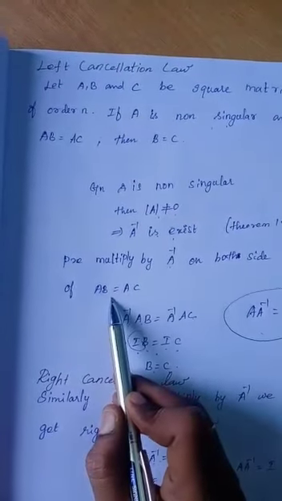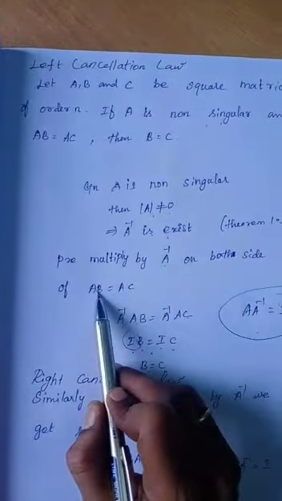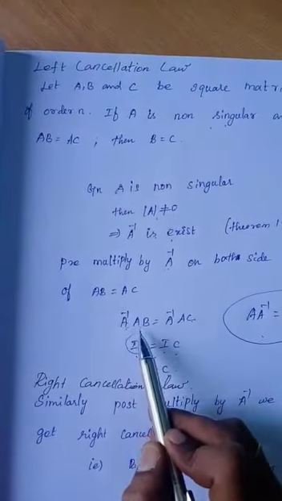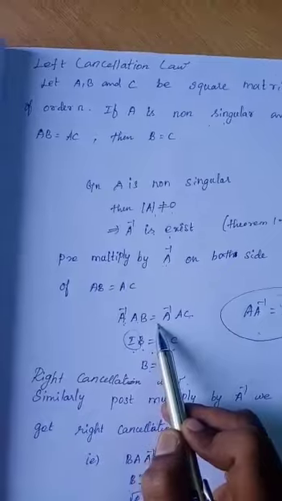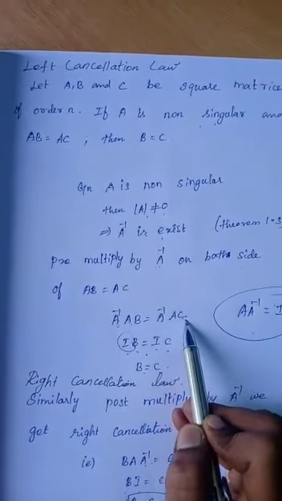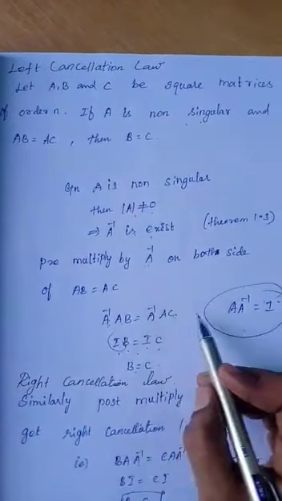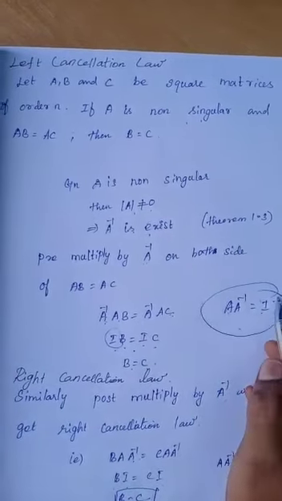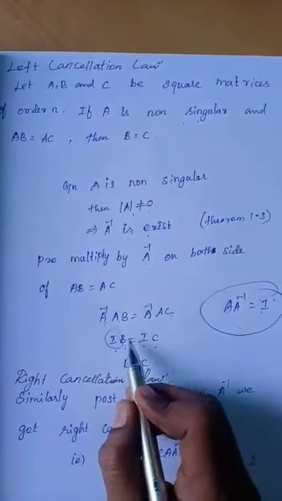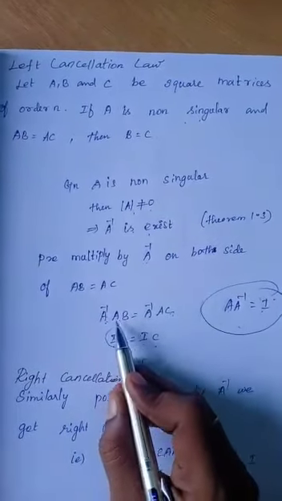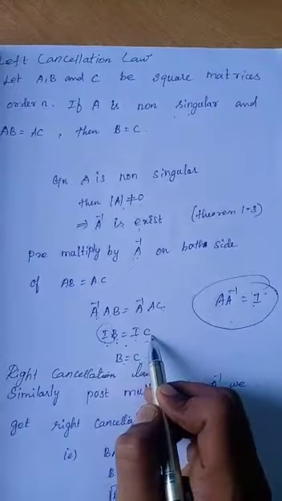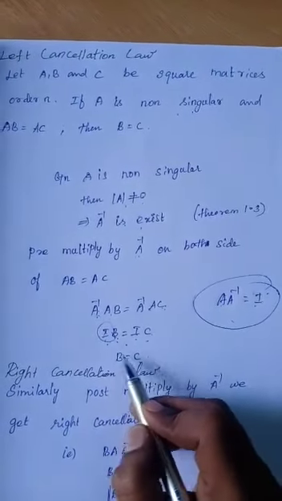Pre-multiply means we are multiplying A inverse on the left side. So A inverse into AB equals A inverse into AC. We already studied the result that A inverse A equals the identity matrix, so we apply this result here. A inverse A equals I. So I into B equals I into C. We get the result B equals C.